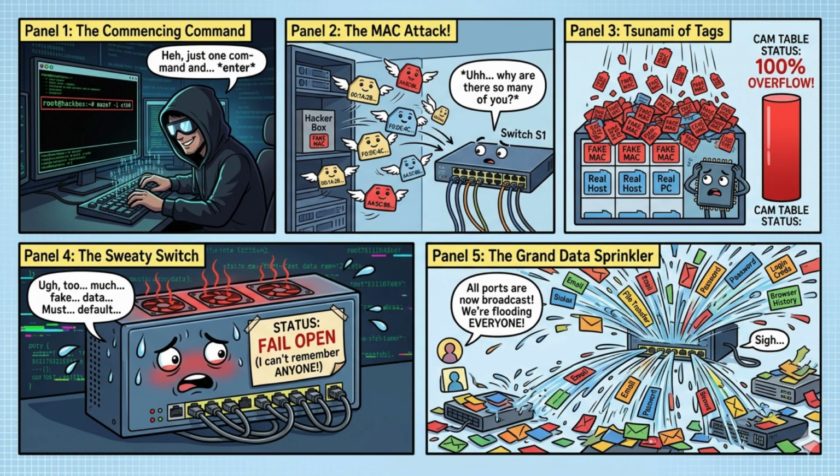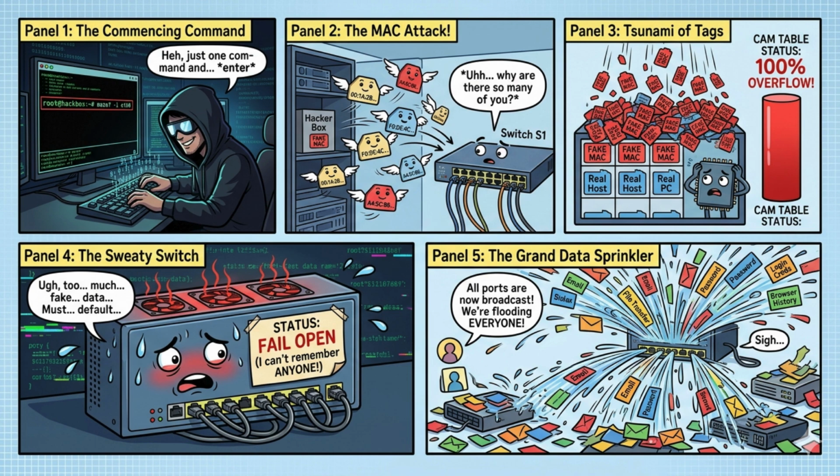Step 1, the attacker runs macof -i eth0 -s 1000, which sends 1000 random MAC addresses per second. Step 2, the switch receives each packet with a new fake source MAC address. Step 3, the switch says, "Oh, I don't know this MAC address. Let me add it to my CAM table."